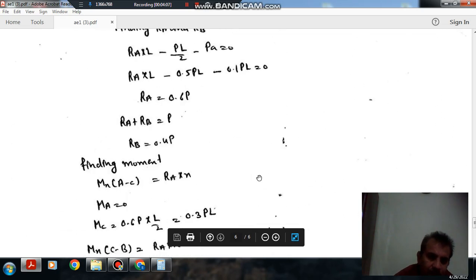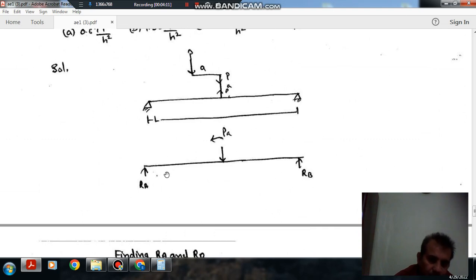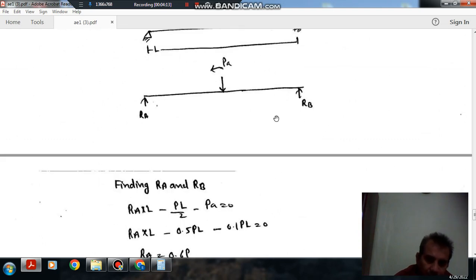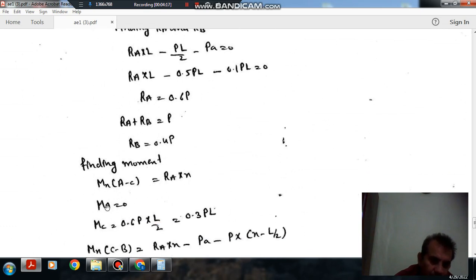Now we can see that the maximum value of shear force is either RA or RB, and between RA and RB the maximum value is for RA.